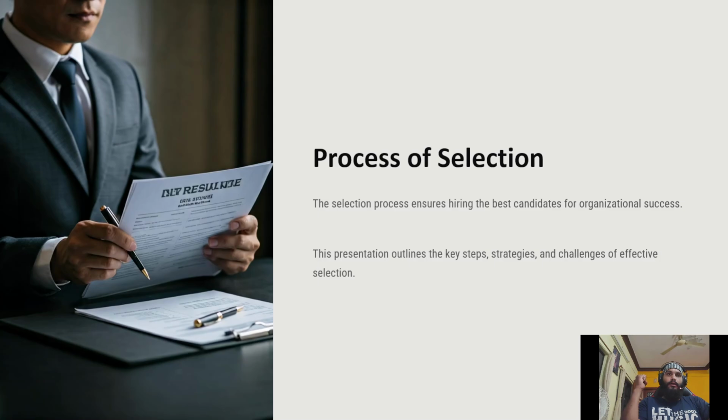This presentation just gives us an idea of what key steps, strategies, and challenges are faced during the process of selection. So let's move forward.